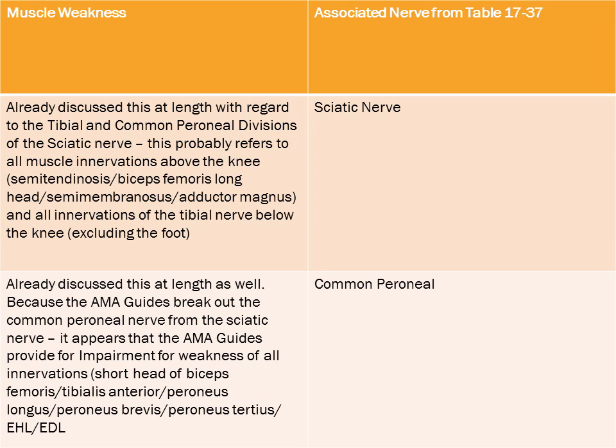So based on that and based on the material that we've discussed so far, it appears that the AMA Guides provide for impairment for weakness of all innervations of the common peroneal nerve, including the short head of the biceps femoris, the tibialis anterior, the peroneus longus, the peroneus brevis, the peroneus tertius, and the extrinsic muscles of the toes and the great toe, including the extensor hallucis longus and the extensor digitorum longus.